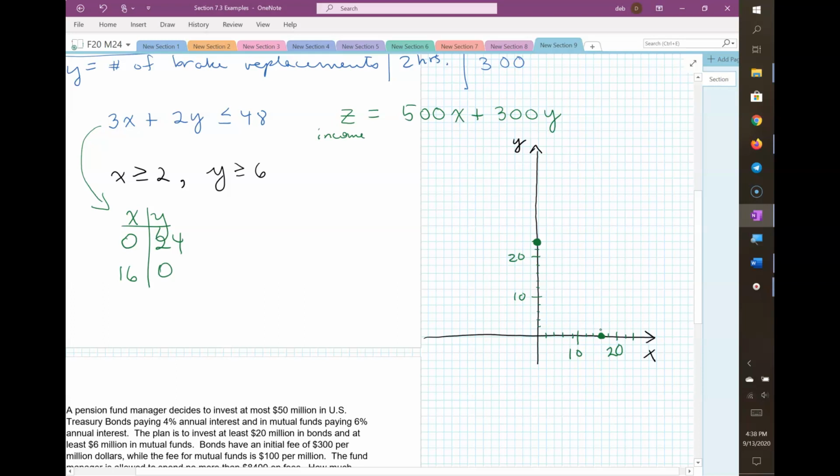So the line goes between these 2 points. There's my line. And now I need to decide which side to shade. So let me test 0, 0. If we put 0 in for x and 0 in for y, we get a true statement. So I need to shade towards 0, 0.